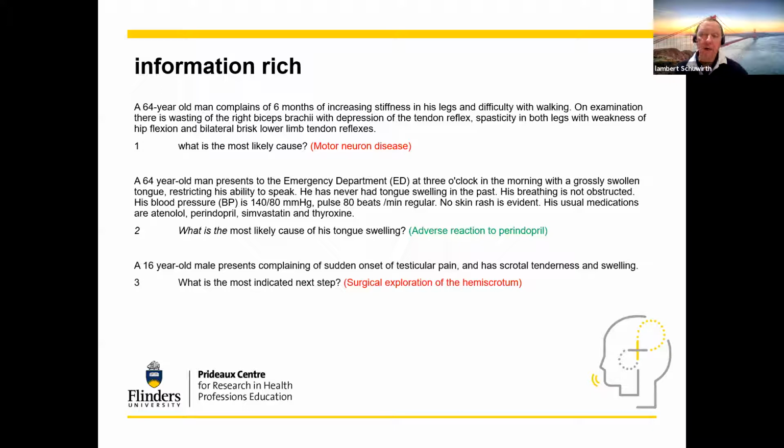At this point in time, I know exactly which errors the student made. I can explain and give feedback to the student that motor neuron disease is not the most likely cause, but that adverse reaction to perindopril is the most likely cause. So there's a lot of feedback, there's a lot of information.